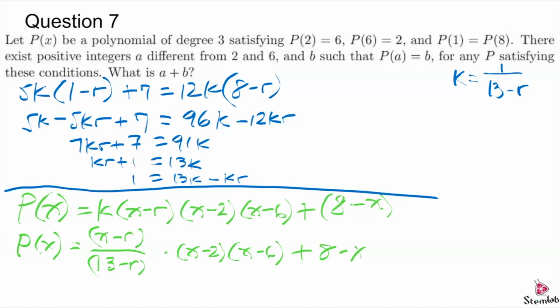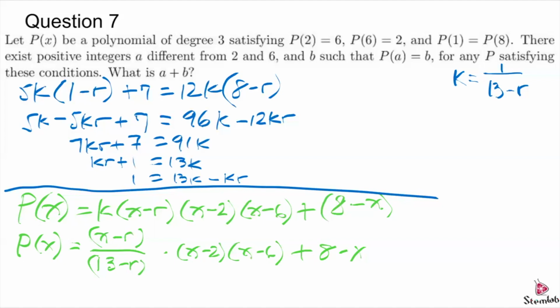Note that we're looking for positive integer solutions A, meaning when we plug in A, we should get another different integer B, right? That satisfies that when we plug in A, we get B, and we plug in B, we get A.